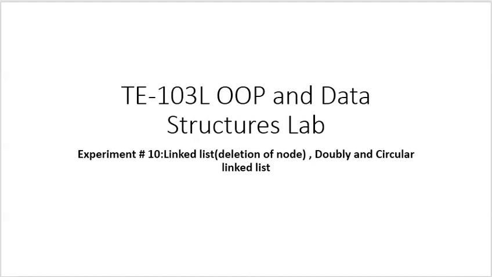In the previous lab we did arrays, pointers, and an introduction of linked list, in which I implemented code in C++ showing how you will create a linked list and how you will add a node. In this lab I will show you how you will delete a node after creating it. First you will create the nodes and then I will show you how to delete the nodes.